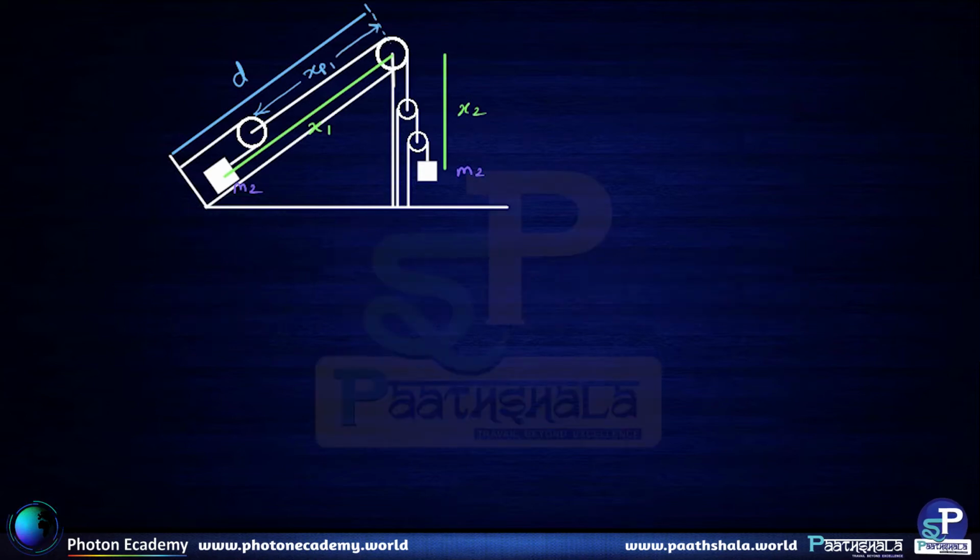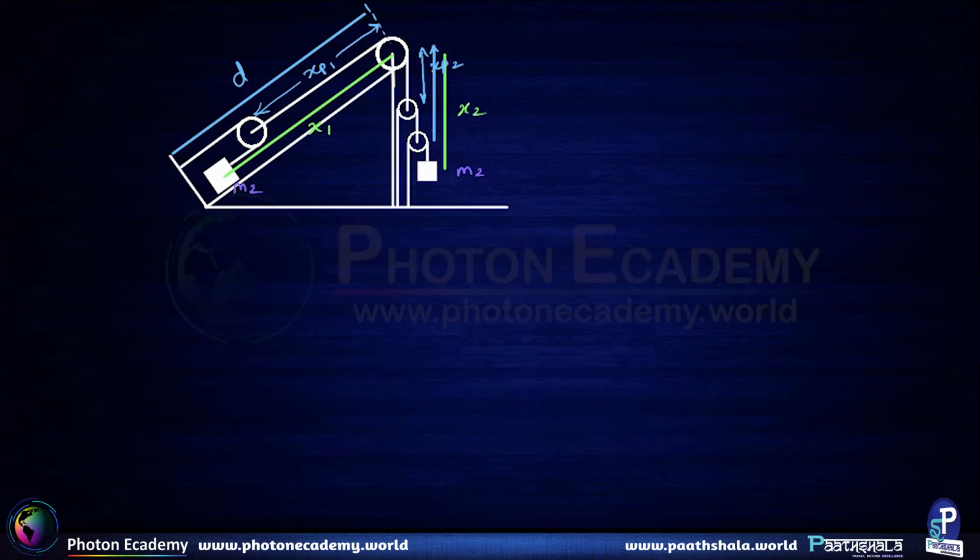This particular distance happens to be equal to, let us say, xp2, and this particular distance is xp3. Okay, so this is my pulley 1, this is my pulley 2, and this is my pulley 3. All the three pulleys are moving, so we need to take the distances of all the three pulleys from the rigid support.